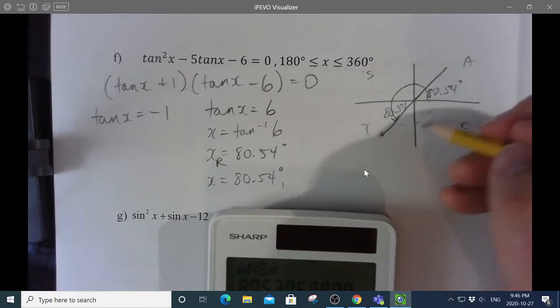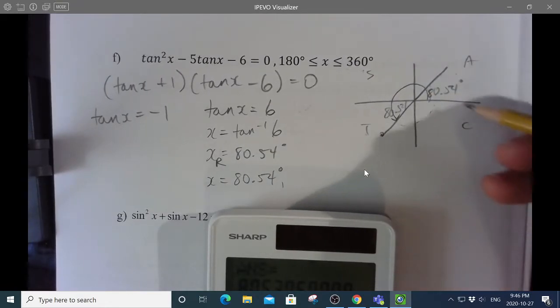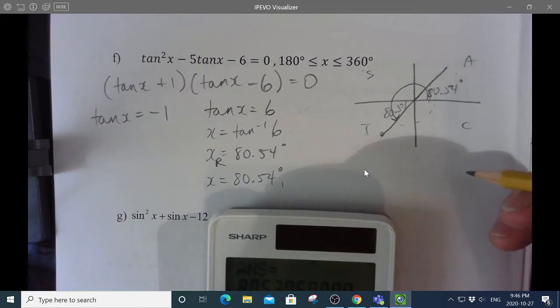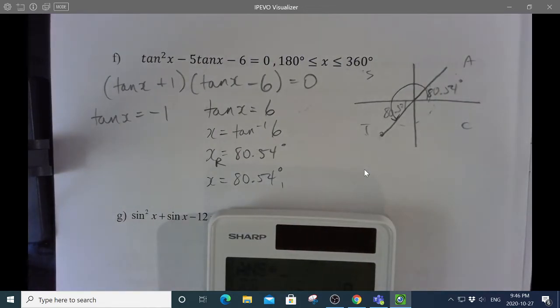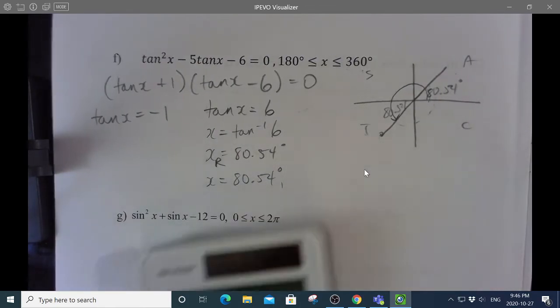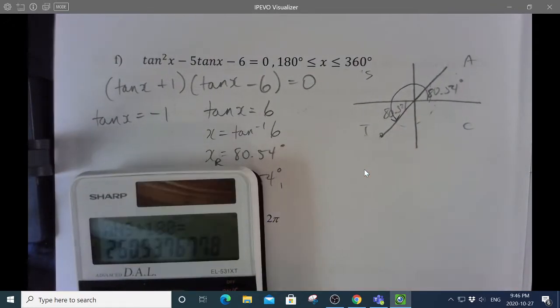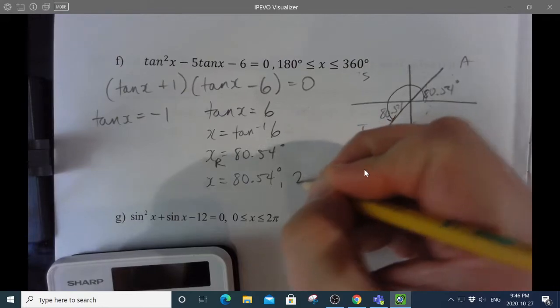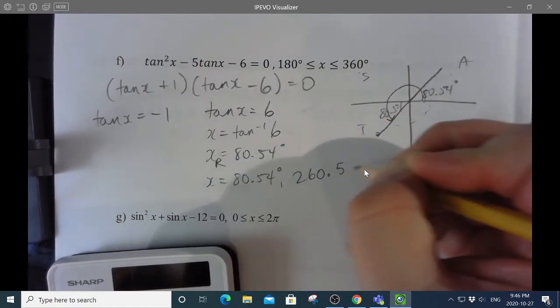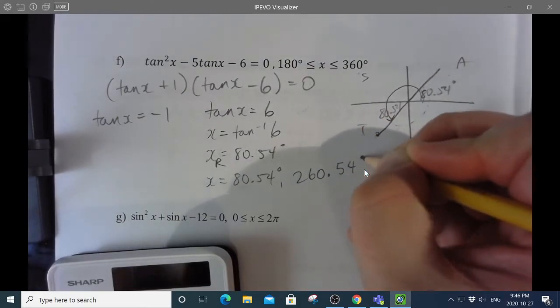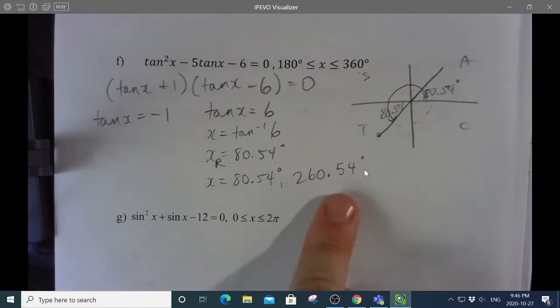So those are the only two places where I would hit a tangent of 6. So add 180 to that, and the answer is 260.54, again, we'll say. And that should make sense.